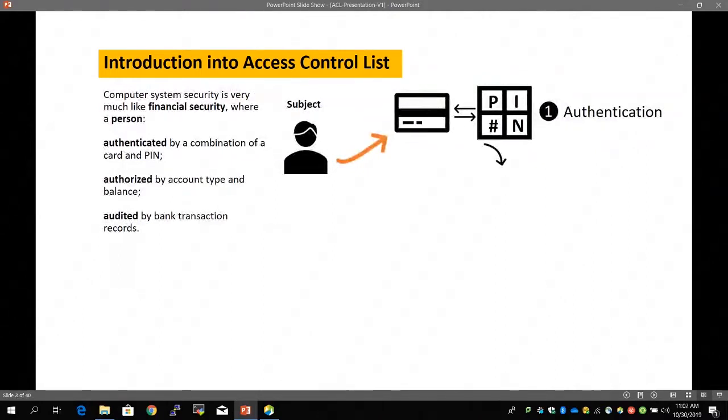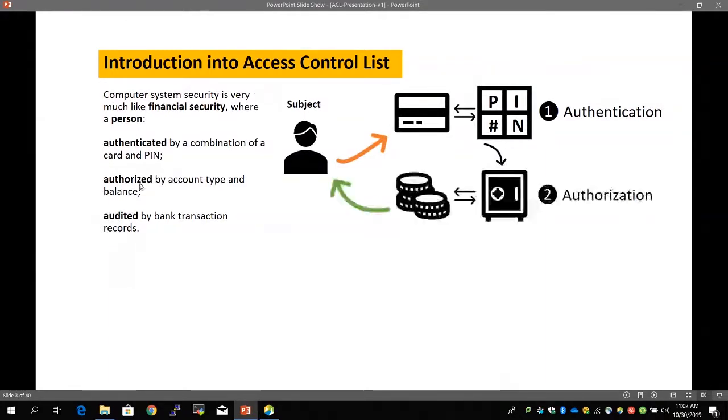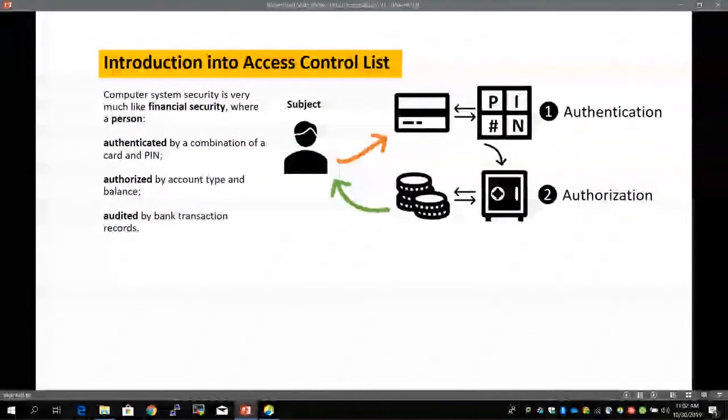We authenticate ourselves to our banking institution using card and PIN. Following that, we have authorization from the bank institution based on our account type and current budget, whether or not we can withdraw a desired amount of money or conduct a purchase.